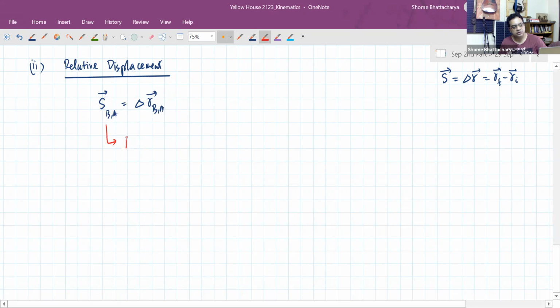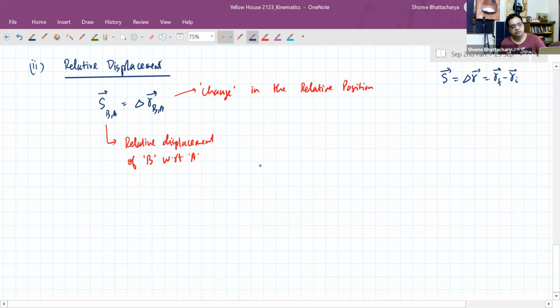This relative displacement equals the change in the relative position.